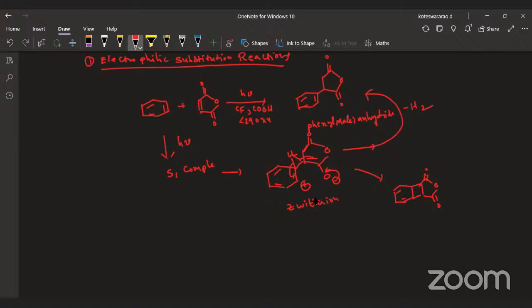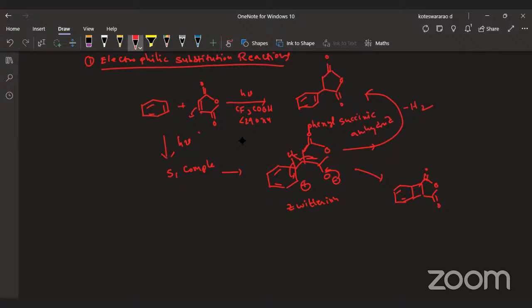In that reaction, irradiation of benzene and maleic anhydride in presence of trifluoroacetic acid gives the phenyl saturated product. If it is unsaturated, it is called maleic anhydride. But it is succinic acid, sorry, it is a spelling mistake. Succinic anhydride. The product is succinic anhydride, right?